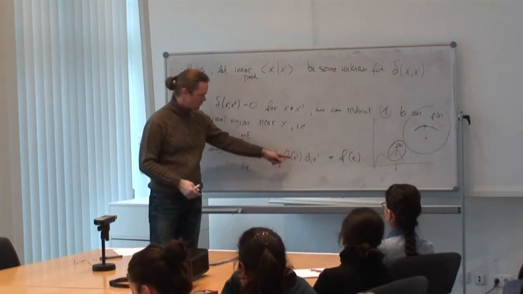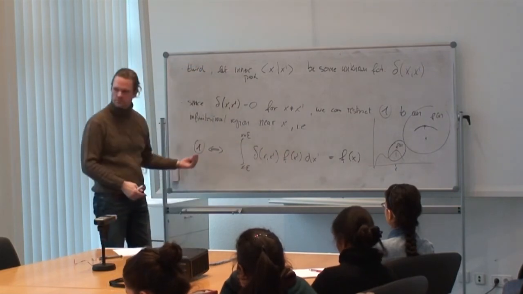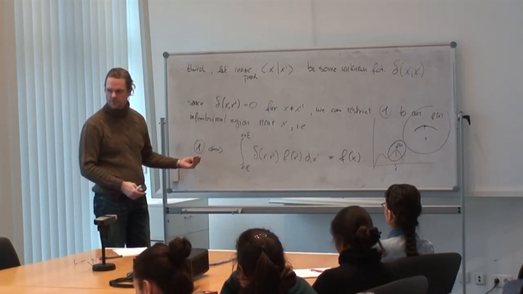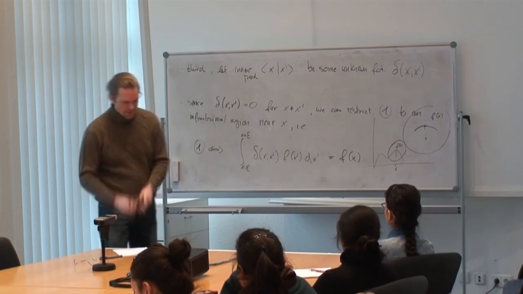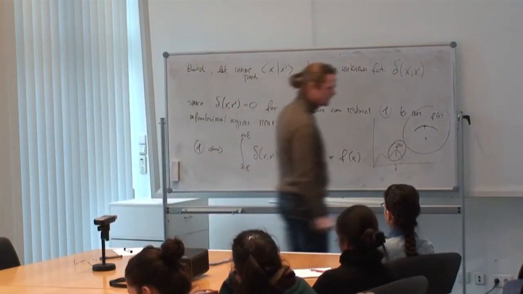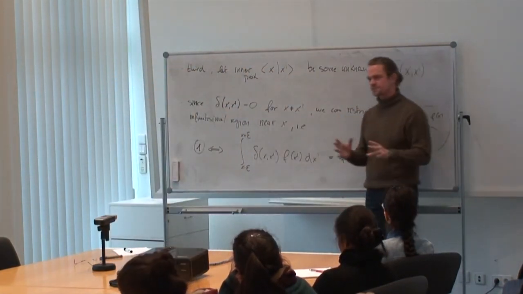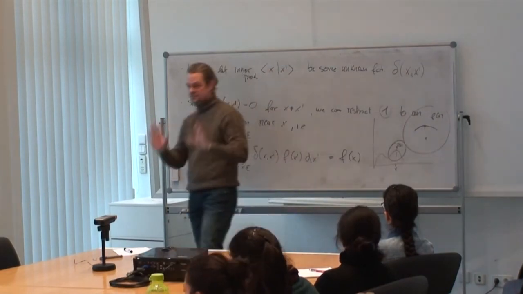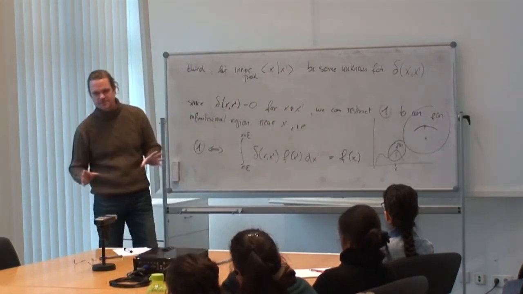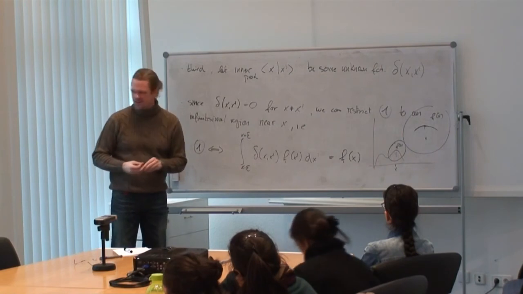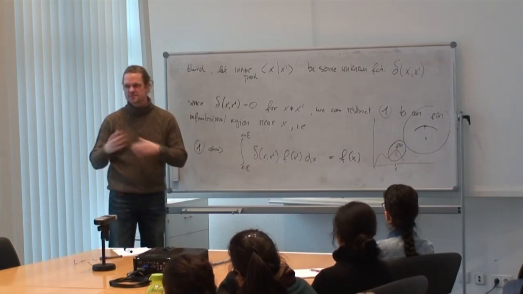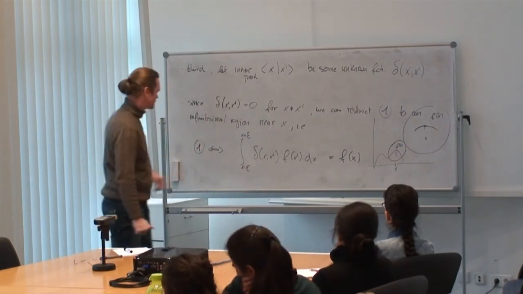If we do this, we can say f of x prime is, we can pull it out. And this is what I'm going to do now. And again, this is argued as a physicist would do. You can make this precise, but I'm rather not going to make this precise because this is taking us really too far away.